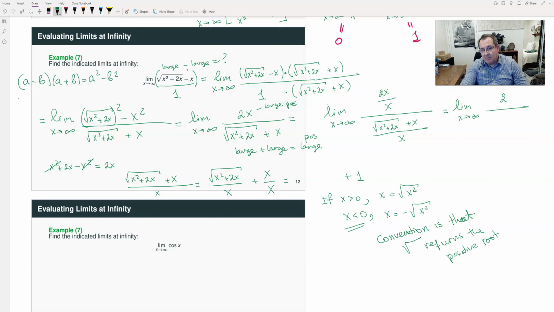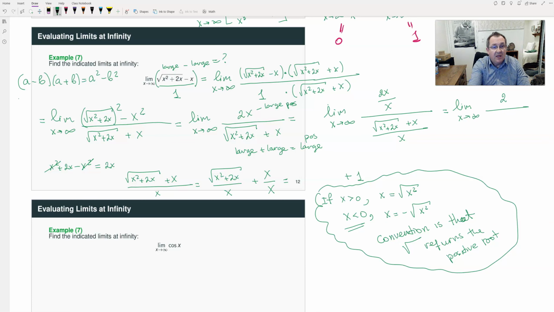So, one more time, if x is positive, x can be replaced with radical of x squared, and if x is negative, x can be replaced with minus radical of x squared, and that's a technical trick that I want you to think about. We will use that later.